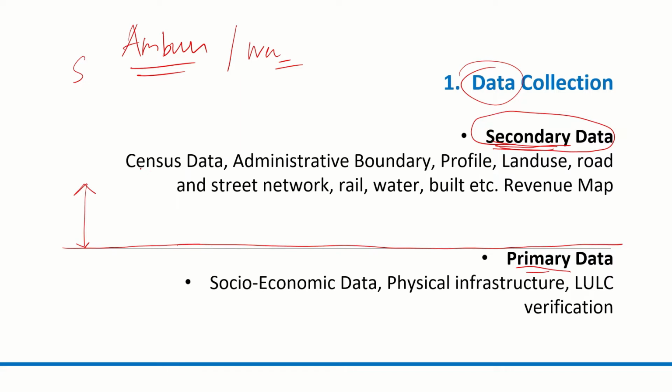So what information do we have to primarily look into? Probably first the census data, that will give an idea on the population, the demographic profiles, and so on and so forth. All this information we will be able to extract from the census data. We need information primarily on the administrative boundaries as well.